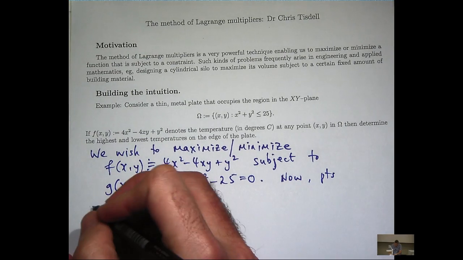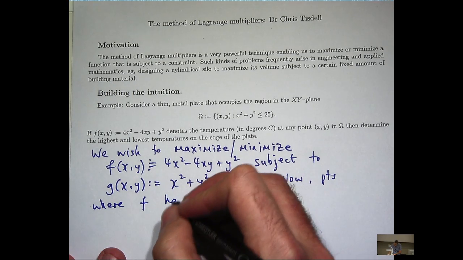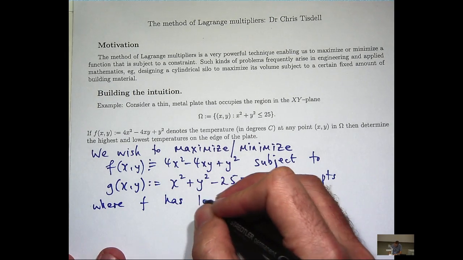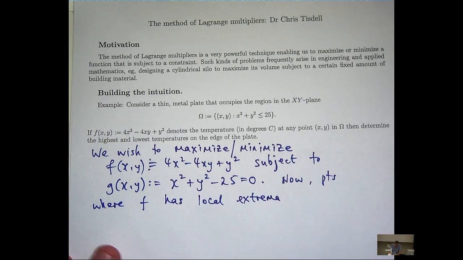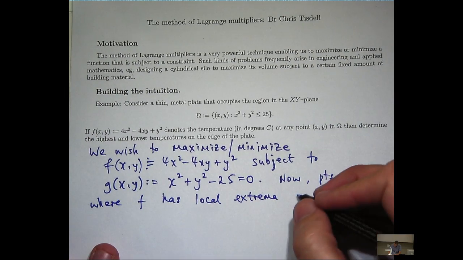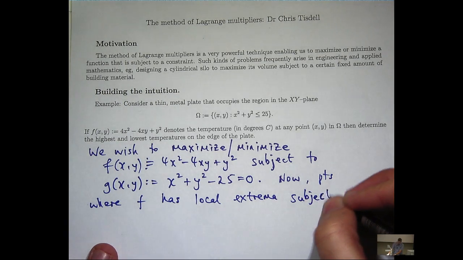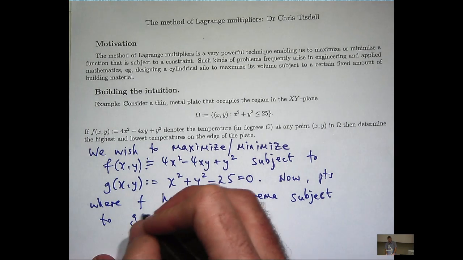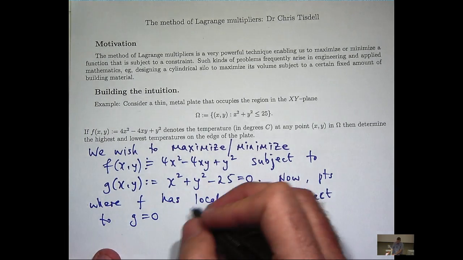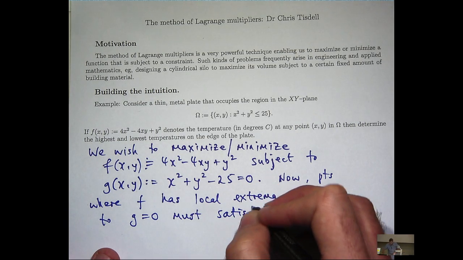The points where f has local extrema subject to the constraint g equals 0 must satisfy the following.